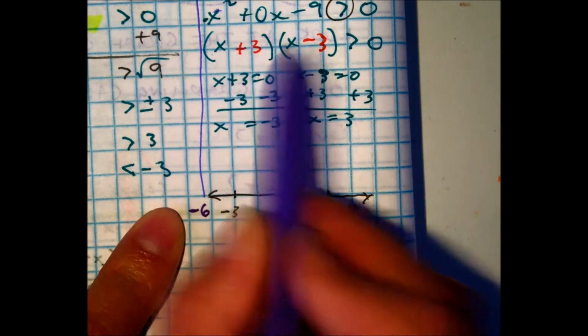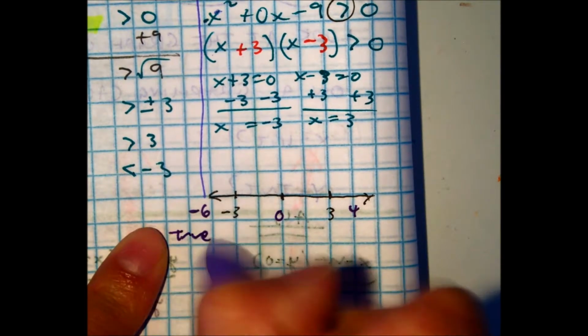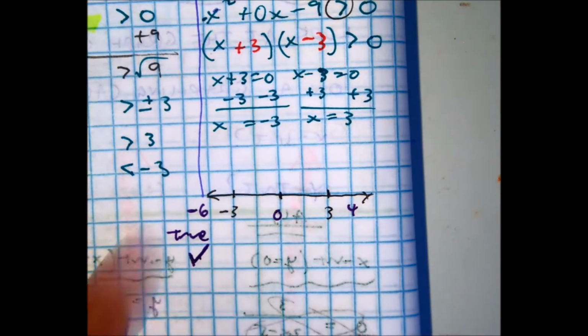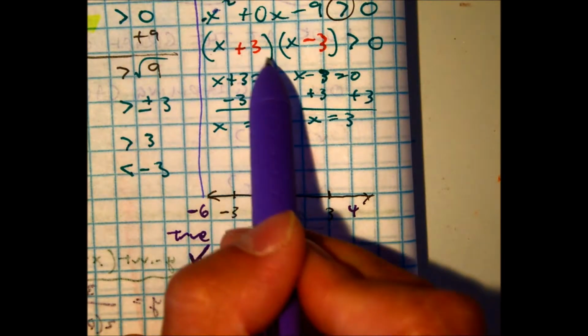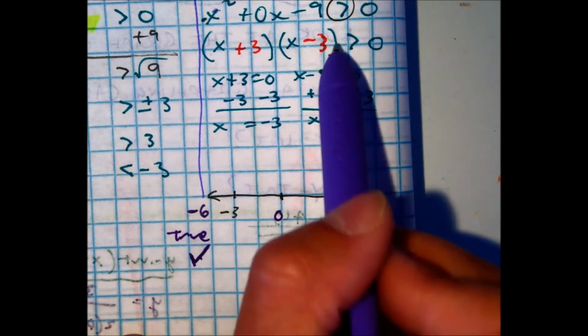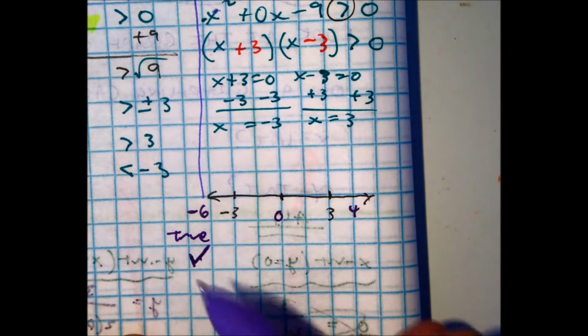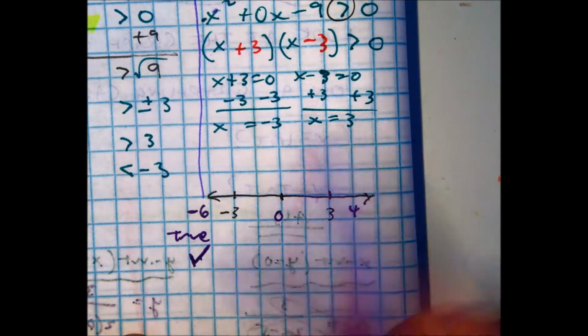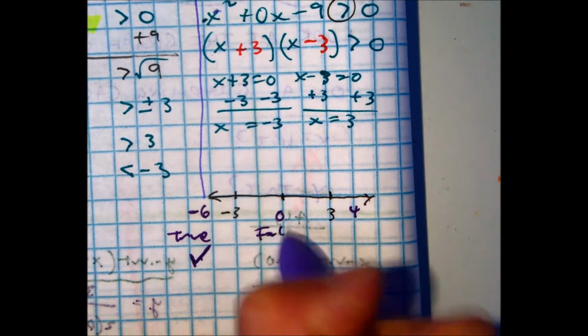Positive 27. 27 greater than 0. True. Okay. 0. 0 plus 3. Positive 3. 0 minus 3. 3 times a negative 3. Is negative 9 greater than 0? False.